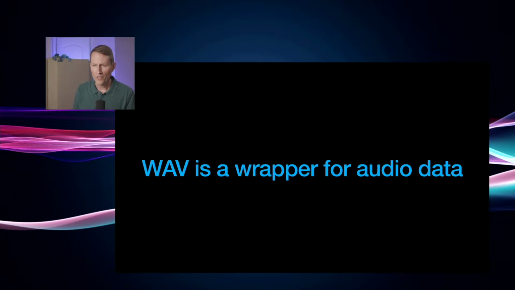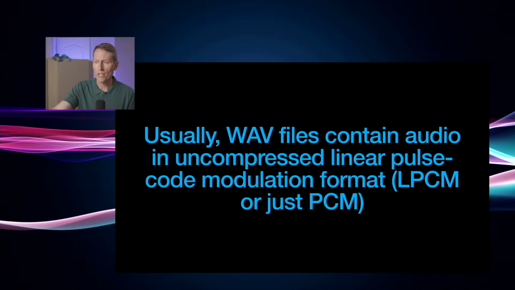But what's important to understand is that WAV is actually a wrapper. It's essentially a container. It itself is not what encodes the audio. A WAV is a wrapper, and inside there's a data chunk with the encoded audio. And what's interesting is that you can actually put different types of data chunks in a WAV file.